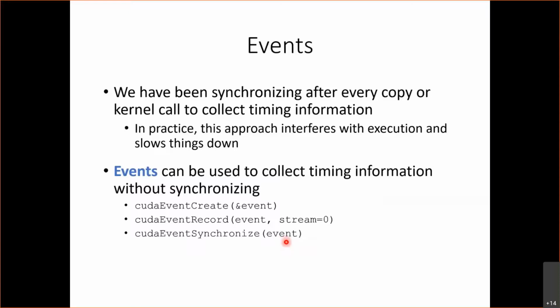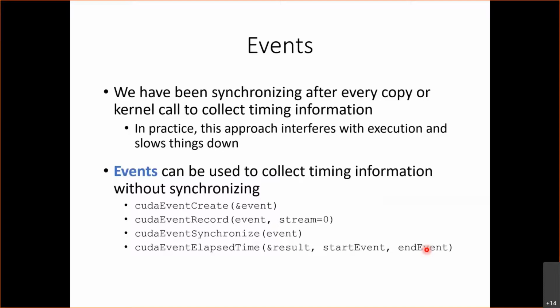We can also get the elapsed time between events. We can use cudaEventElapsedTime to get the time in between two events. For example, if I want to time how long a certain cudaMemcpy takes, but I don't want to synchronize after that cudaMemcpy. It could be an asynchronous cudaMemcpy, and I don't want to synchronize to time it.